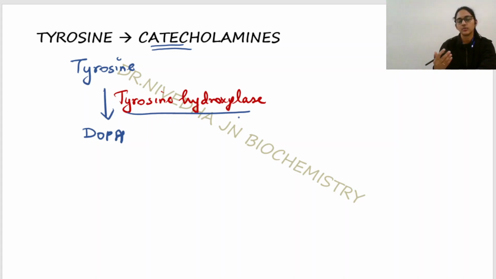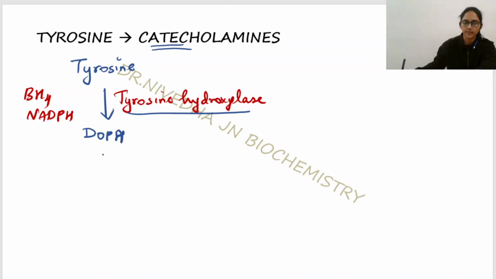So what do you need for phenylalanine hydroxylase? We studied we need tetrahydrobiopterin and NADPH, is it not? So similarly, in tyrosine hydroxylase, the cofactors will be tetrahydrobiopterin and NADPH. Yes, the same as that of phenylalanine hydroxylase.